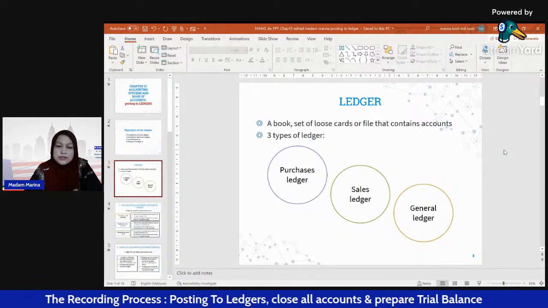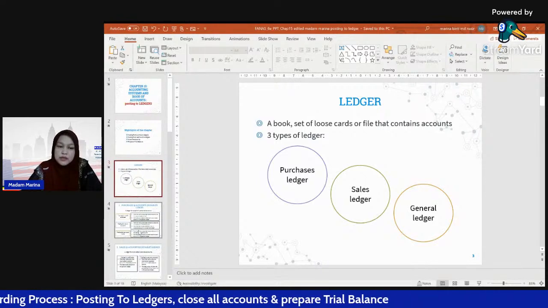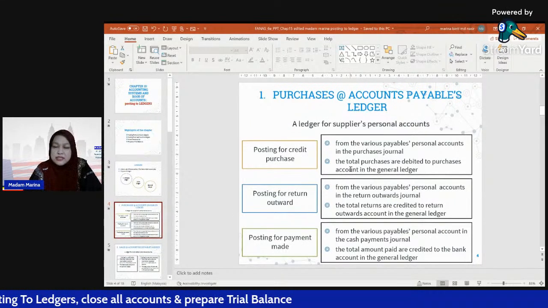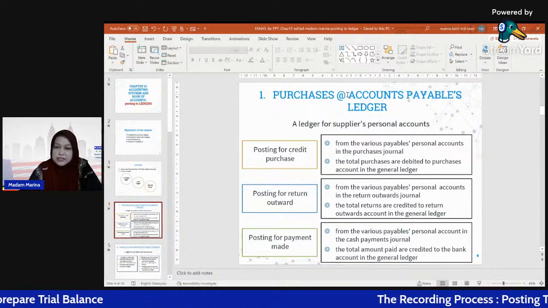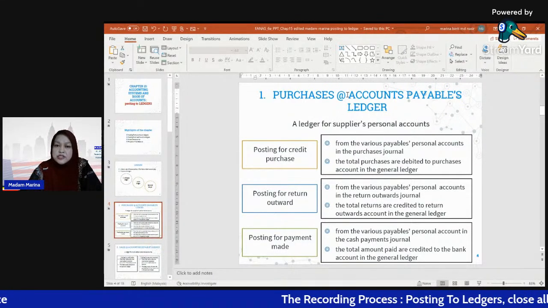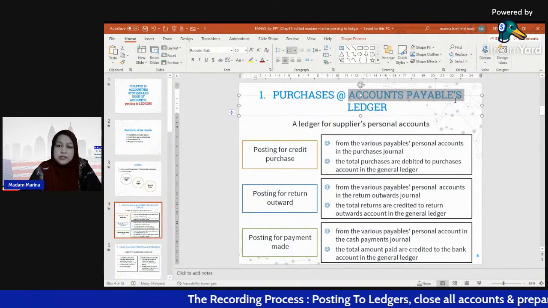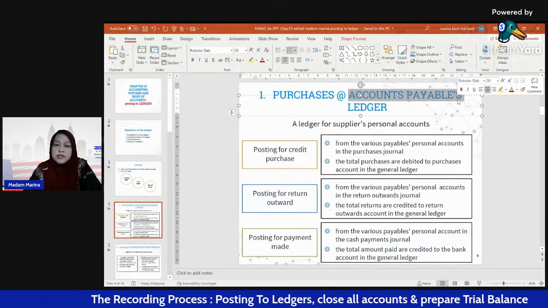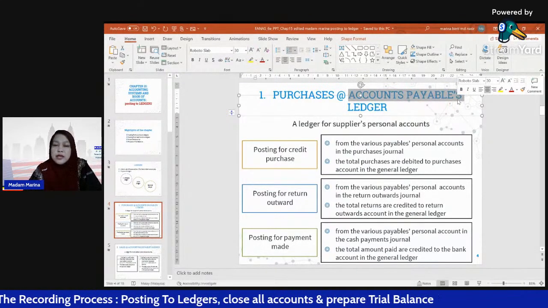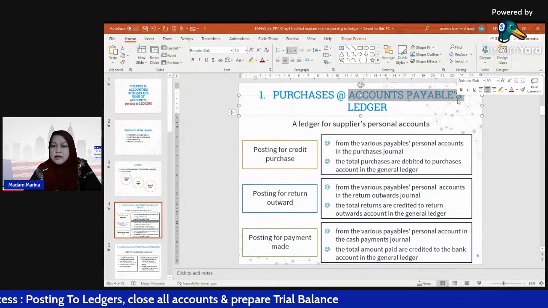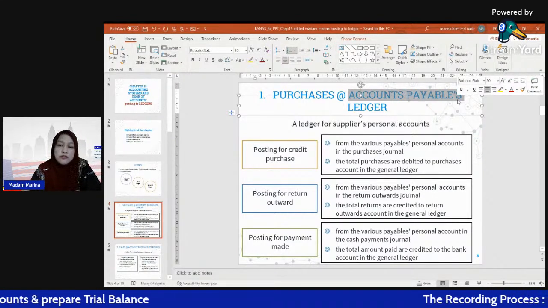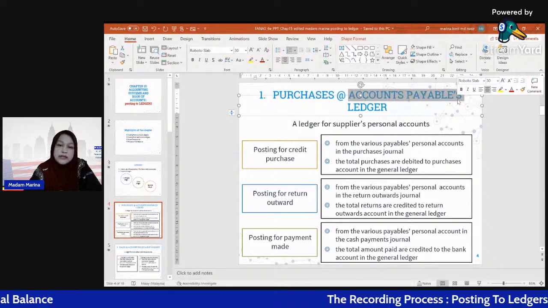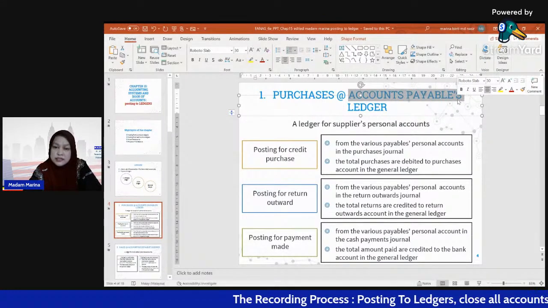What is the purchases ledger? Actually, the purchases ledger is not the purchases account. The purchases ledger is actually accounts payable, the people from whom we purchase goods or non-current assets on credit.